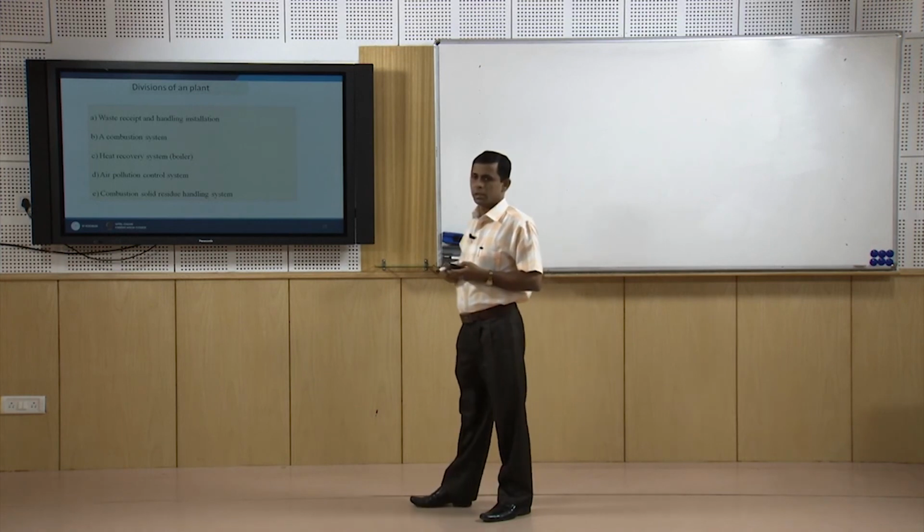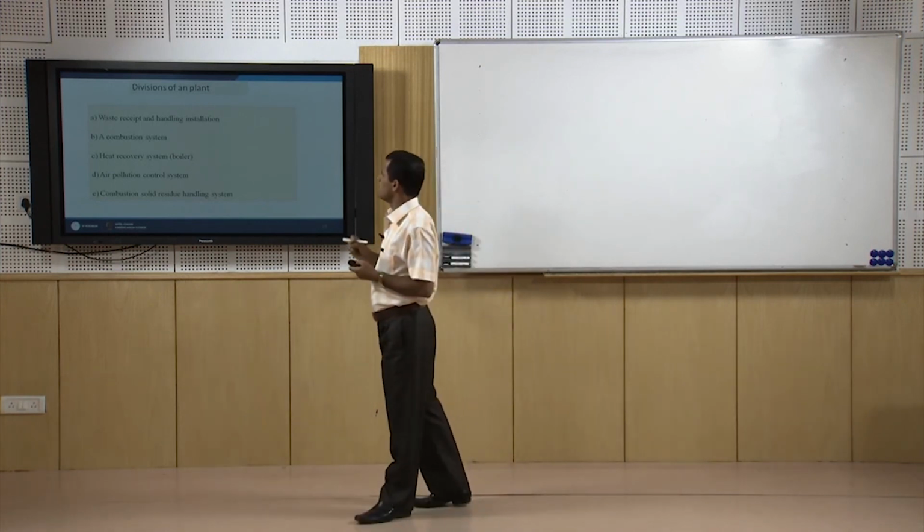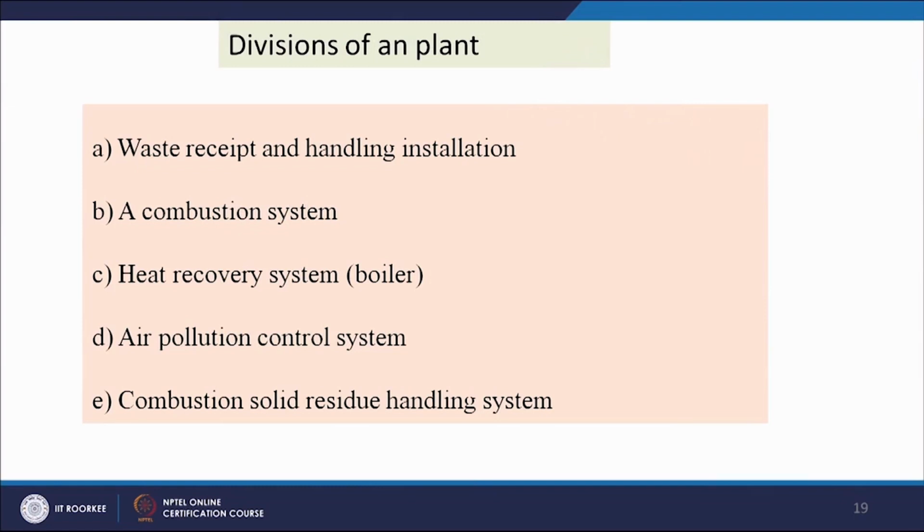Different divisions of the parts of an incineration plant are waste receipt and handling, then combustion system, then heat recovery, then air pollution control and the ash management, solid residue handling system.